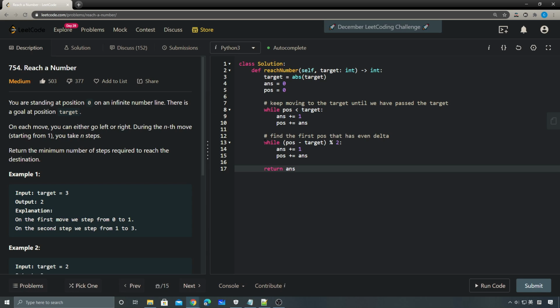Even though I have a while loop here, it's not hard to see that it needs at most two more steps.